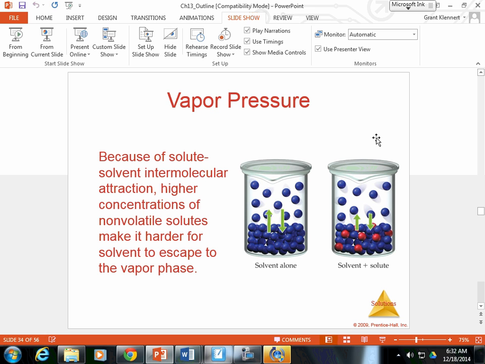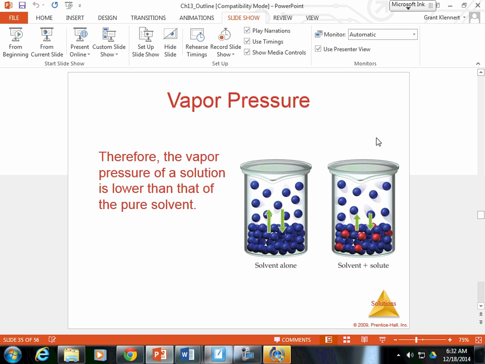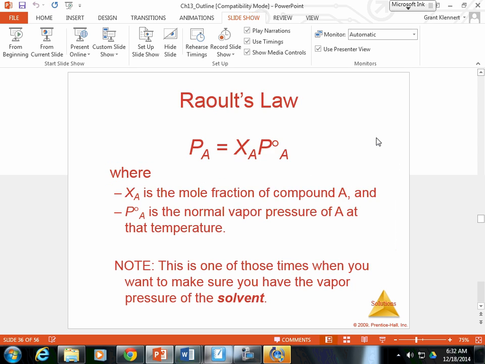Vapor pressure. All right. Vapor pressure is affected by the concentration of solution. Why? Well, due to the intermolecular attractions in molecules, it makes it harder for solvents to escape in the vapor phase. Therefore, vapor pressure of a solution is lower than that of a pure solvent.